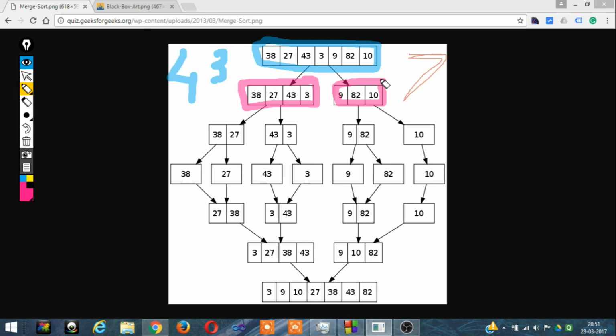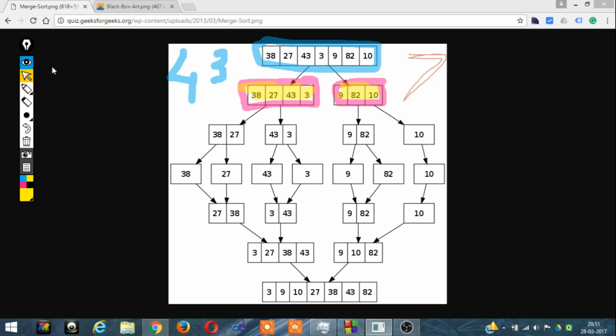The next step the algorithm tells us is we have to call the merge sort function on each of the subarrays. Now this is something which you have to imagine. Imagine there is a function merge sort, and it works like a black box.